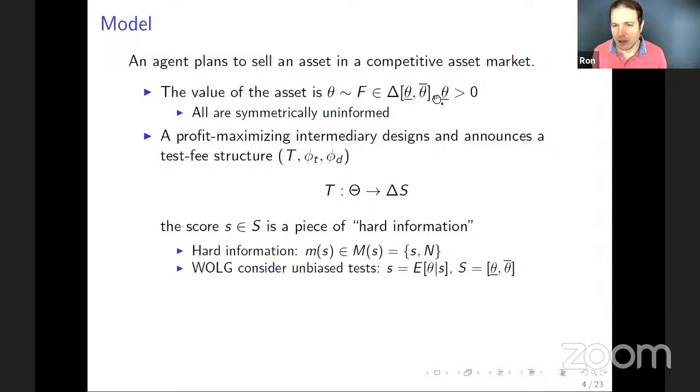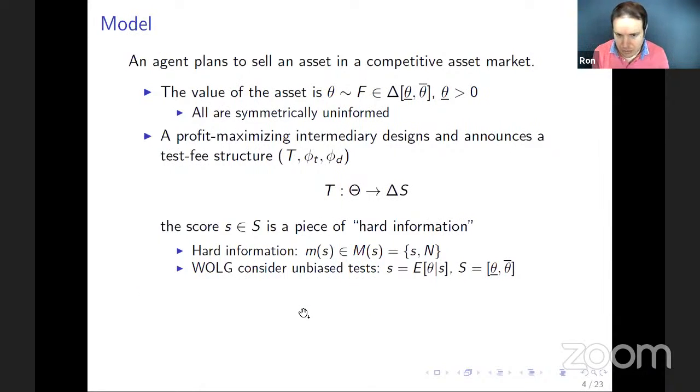We said the set of values for the asset lies in some interval, and the distribution of the actual asset value is some distribution. We're not requiring positive density or anything like that. It could be a discrete set of values, or a continuous set of values. So what we're saying is, if the only thing the score is used for is to infer the expected value of the asset conditional on seeing that score, then it's without loss to fix the set of scores to be the entire interval of values between the lowest possible value and the highest possible value of the asset. That's what we mean here.